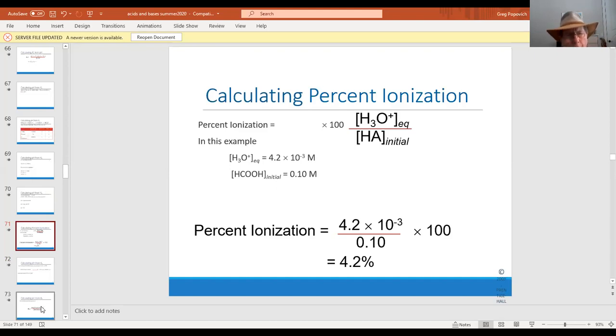Now, there is another term called percent ionization. It's a simple term. All you're going to do is take the concentration of your H3O plus and divide it by the initial concentration of your acid.